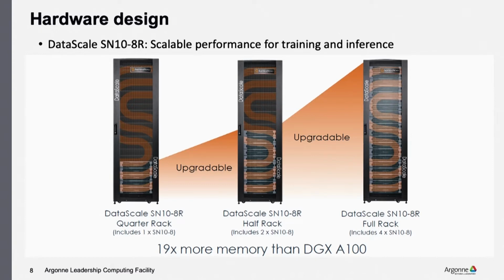It will have 8 RDUs in the half rack, and it also has 4 SN10 8 in the full rack. And the memory is 90 times more compared with the NVIDIA A100. So it will have a large scale for this system.